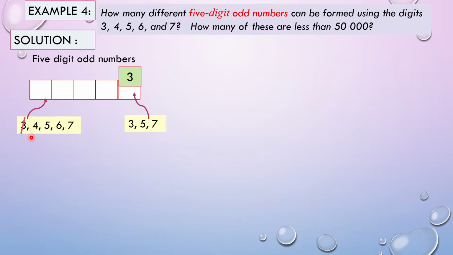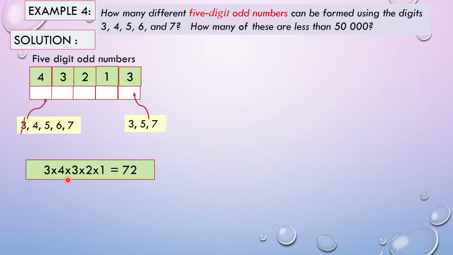One digit is already occupied at the last box, so another 4 digits are left, or we have 4 options. For the next boxes we have only 3, 2 and 1. Multiply all this and you get 72.